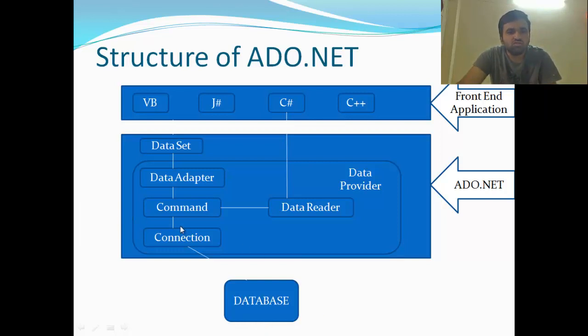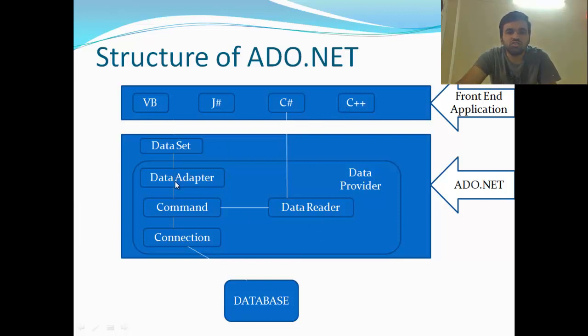Okay, there are 4 classes for a data provider. Again, to repeat: connection is used to establish a connection between the front-end application and the database. Second, command is used, after establishing a connection, to execute SQL statements like insert, update, delete, select. Then the third class is data reader, which is used for fetching data from the database to our application.